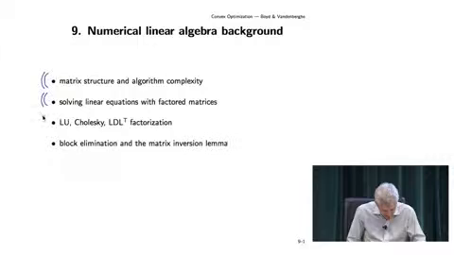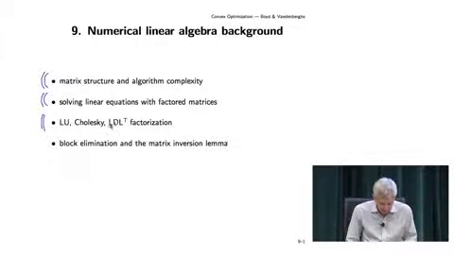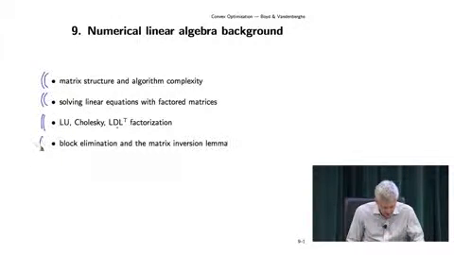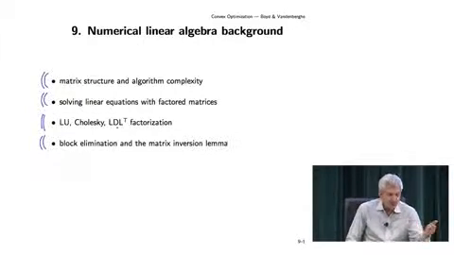We'll talk about some very famous factorizations, the so-called LU, for lower triangular, upper triangular, the Cholesky factorization, and something called the LDL transpose factorization. There, L is lower triangular, D is diagonal, and L transpose is upper triangular. Actually, we'll see in some cases D is block diagonal. Then we'll look at a general construction called block elimination and the matrix inversion lemma. This shows you how you can solve sometimes absolutely enormous sets of linear equations very efficiently by exploiting some structure that's present.